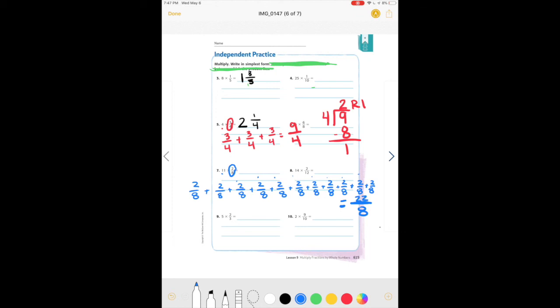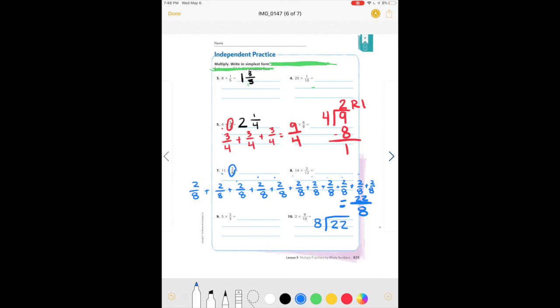Improper fraction, so I need to take my numerator, divide it by my denominator. 22 divided by 8, or how many groups of 8 get me close to 22? Think about it. 8, 16, 24.